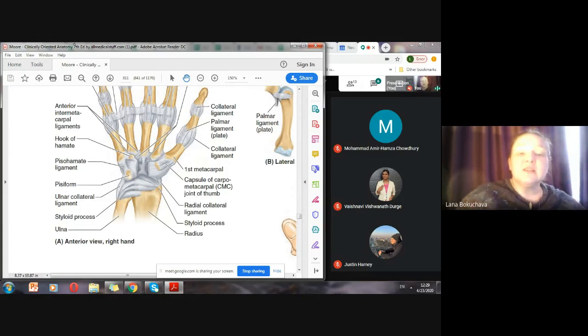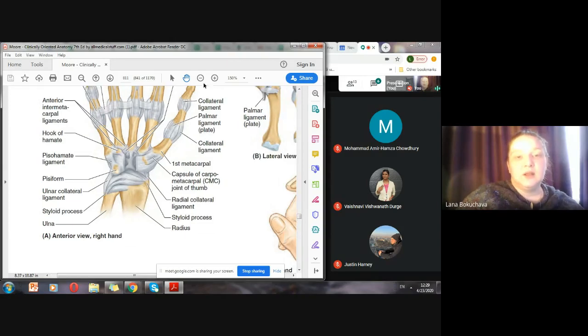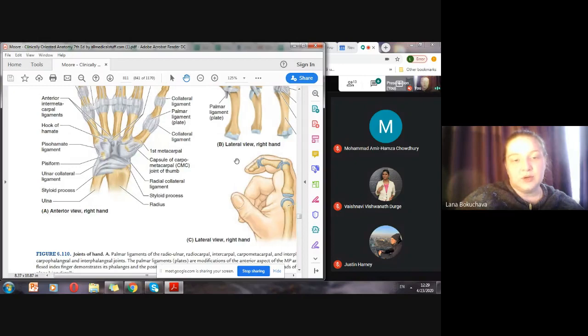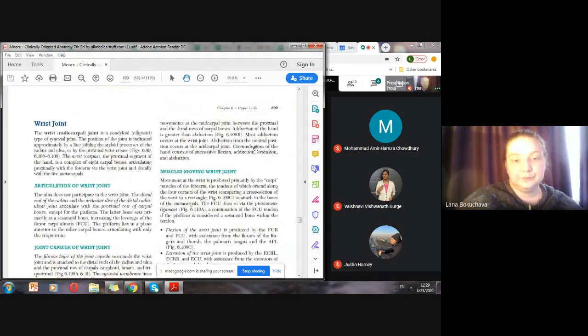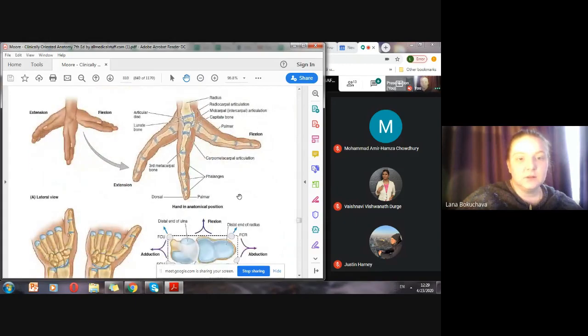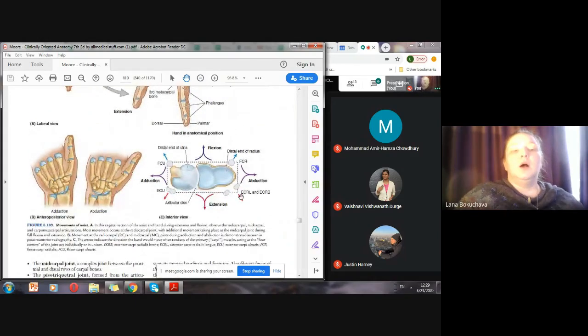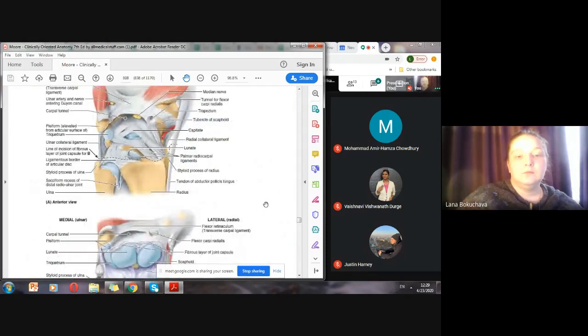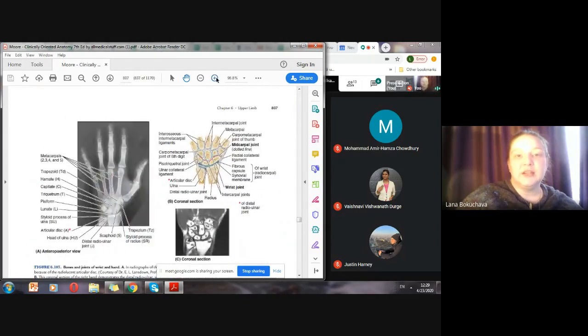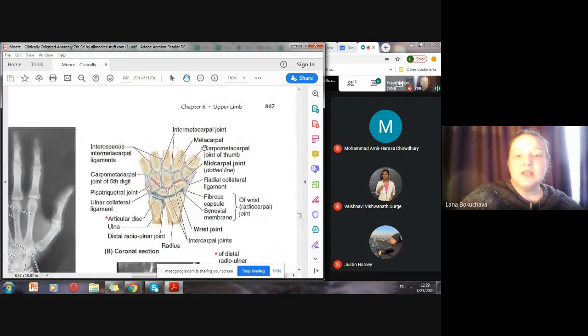So as a result, when we do have a portion of the radius here, you can see, and okay, let's go back to see the bony structures first to understand what I'm talking about. No, here better. Yes, here it is. So you can see here the part of the radius. Am I right? Do you see that?